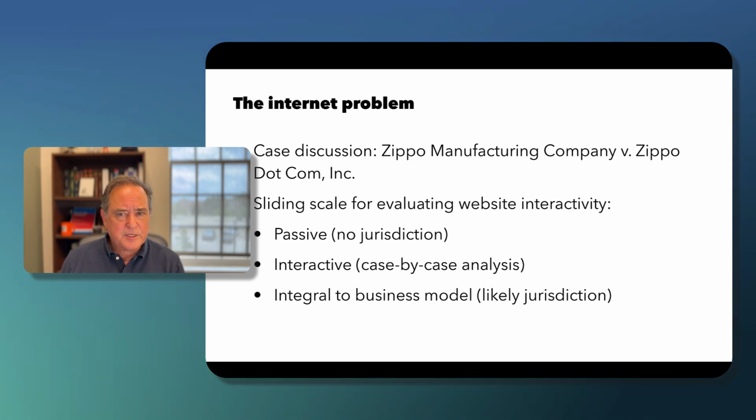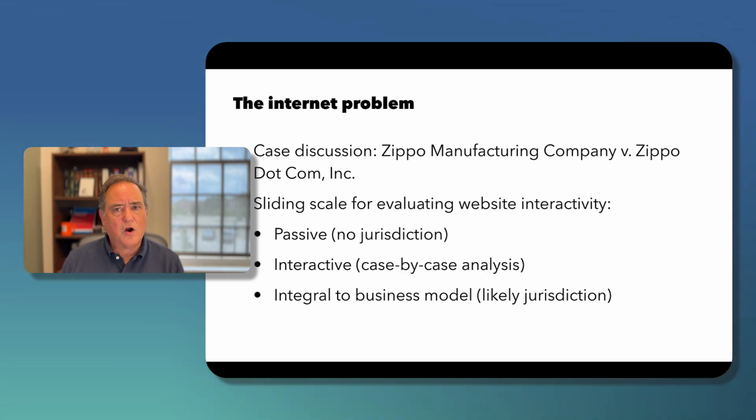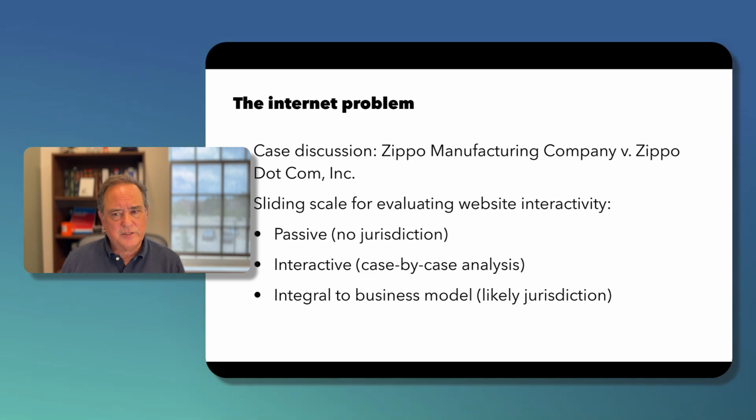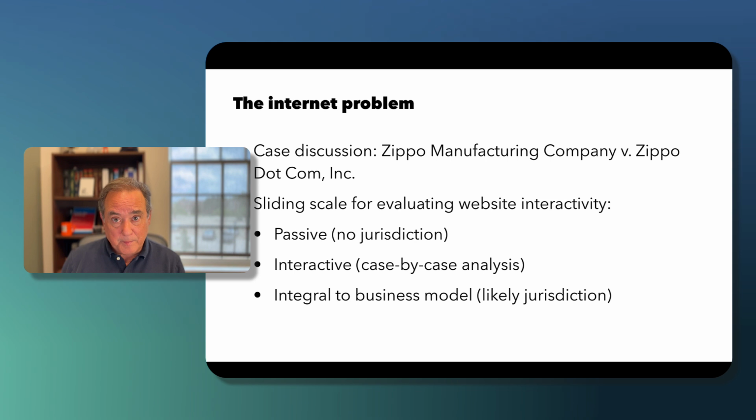Amazon fully expects that people from Louisiana and Kansas and California and New York are all going to access its website. And so in those situations where the business's model requires website interactivity, then we are likely to see jurisdiction.